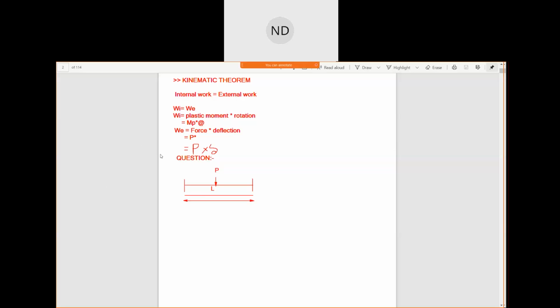Now your question is: at the middle, load P is acting on the beam.